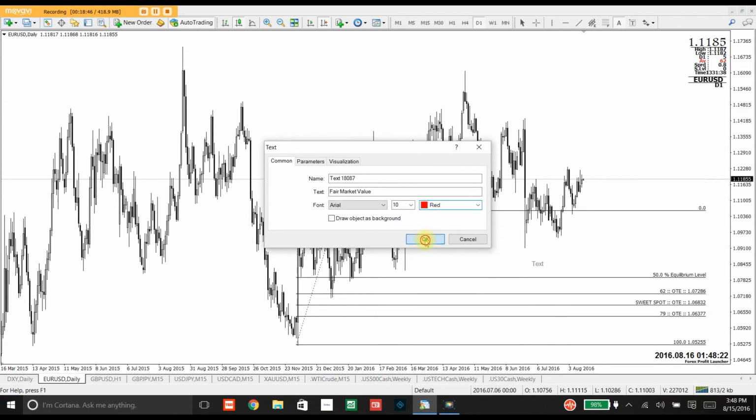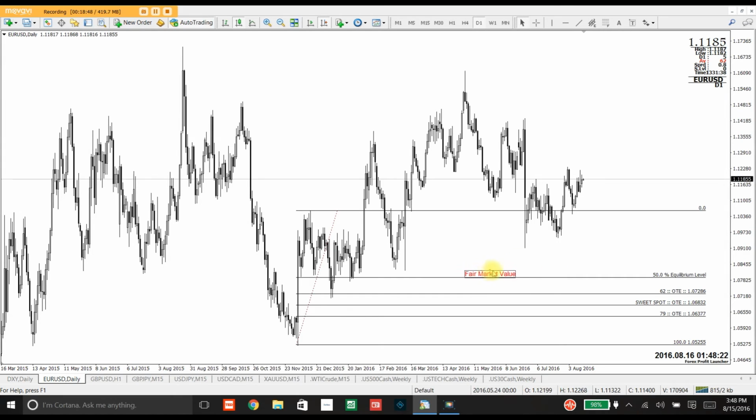What that means is that this level right here is where they deem this price swing right here. 50% of this price swing, this range, is deemed as fair market value, okay? Think about it, okay? If you're buying a house, do you want to buy a house above market value or at market value? No. You want to buy a house below market value at the most discounted price you can get. The same concept occurs here.